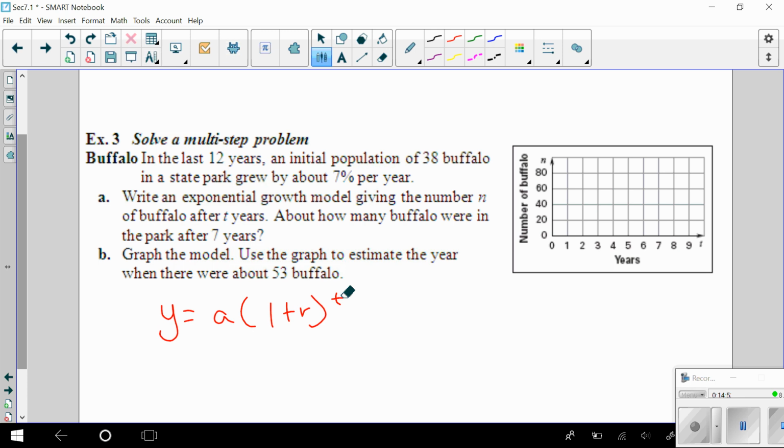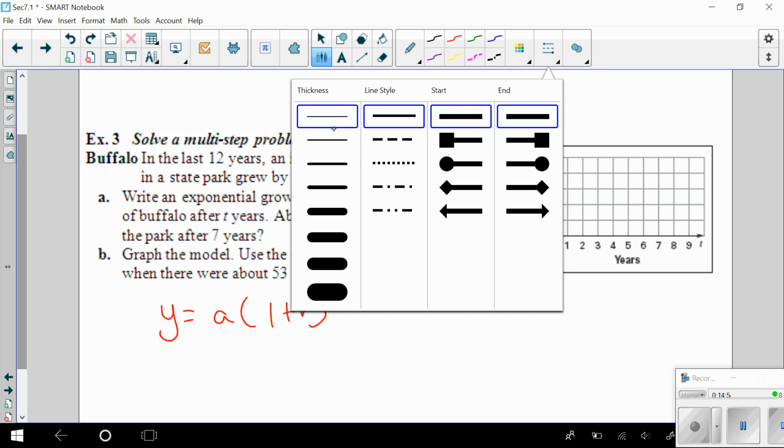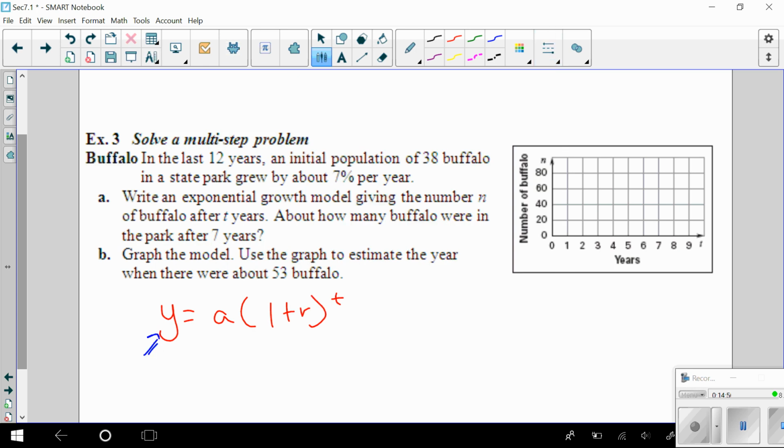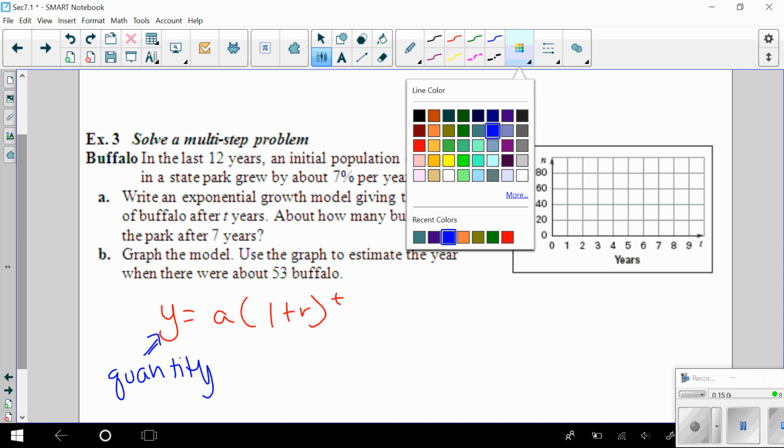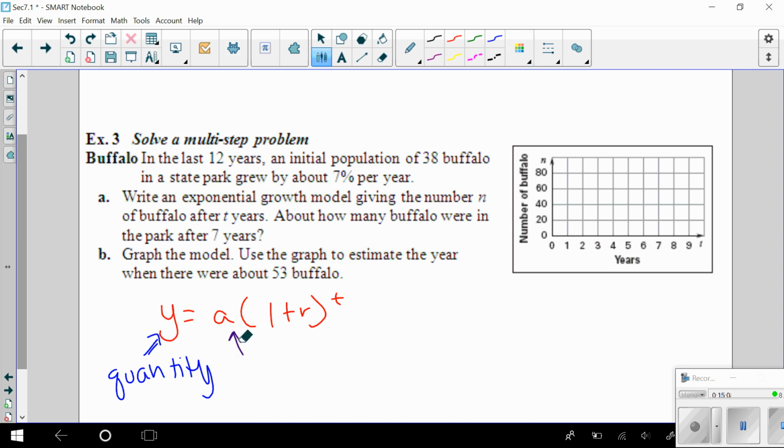So y is going to be our quantity. A is going to be our initial amount, so whatever you start with. And then our r is going to be our rate of increase as a decimal.